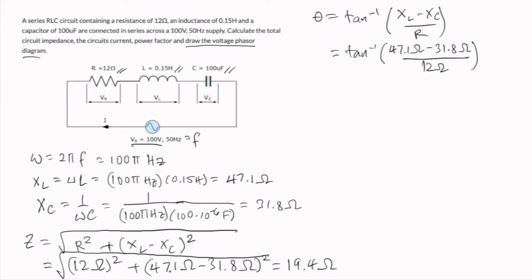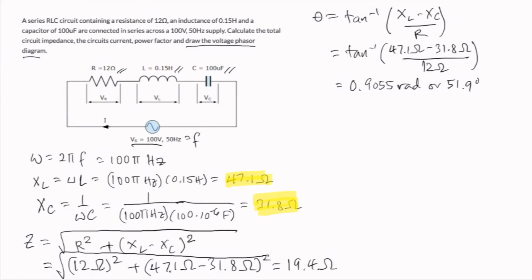This has a value of 0.9055 radians or 51.9 degrees. This means that the voltage across the inductor leads the current and that this circuit is mostly inductive. This is true because we can see here that inductive reactance has a greater value than the capacitive reactance.